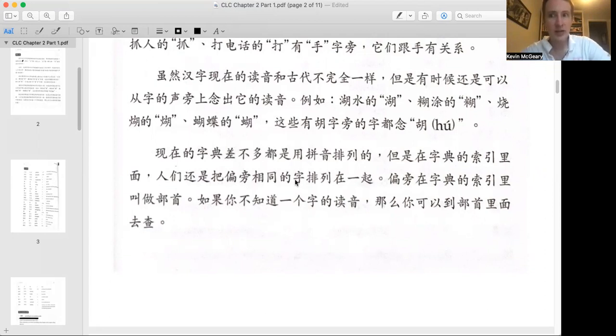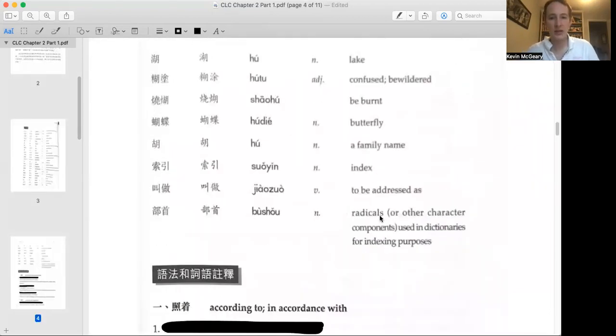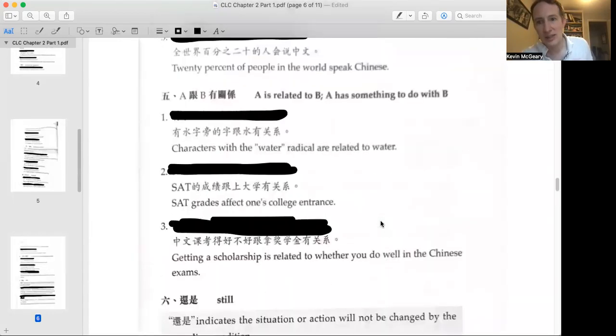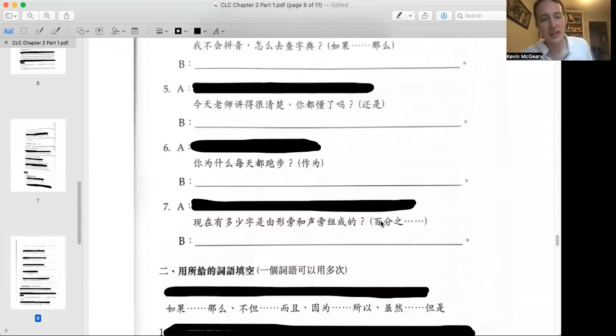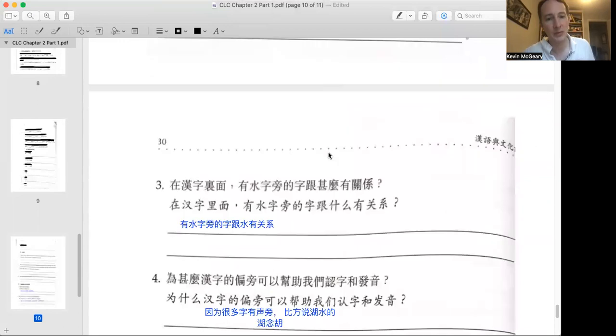So that's the name of that section of a dictionary, the 部首. 如果你不知道一个字的读音，那么你可以到部首里面去查. And you look up characters according to how many strokes they have, how many strokes of the pen they have. So it's strikingly inefficient. Also, this book was published in 2002, so nowadays there are far more efficient ways of looking up words that you don't know. You can simply draw the character on the screen of your phone using an app called Pleco.